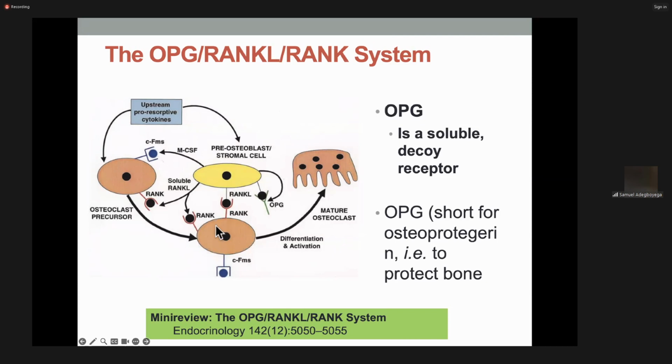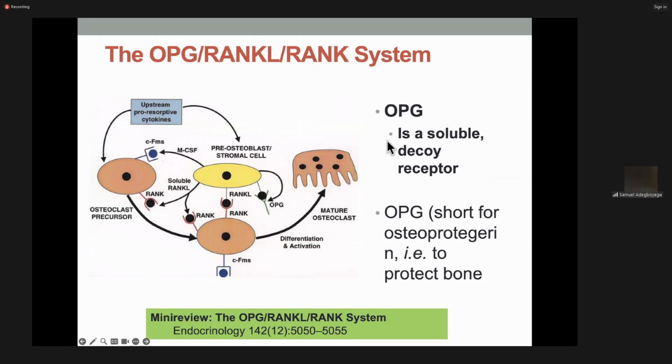If RANKL binds to it, what it does is stimulate osteoblastic activity, meaning that it's going to cause bone breakdown. Okay, sorry, osteoclastic activity, I apologize. Osteoclastic activity is going to cause bone breakdown, RANKL. The OPG will stimulate osteoblastic activity and produce more bone.